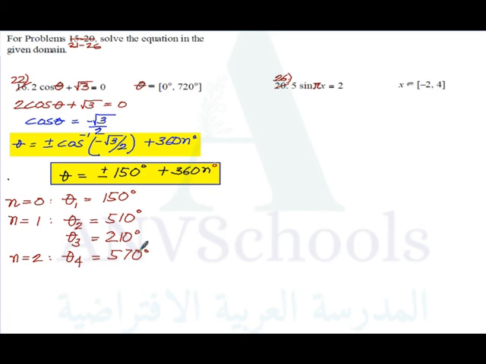Okay, so the solution set then is theta equal to 150. Let's arrange them from lowest to highest: 150, 210, 510, and 570 degrees, all inside the domain 0 to 720 degrees.